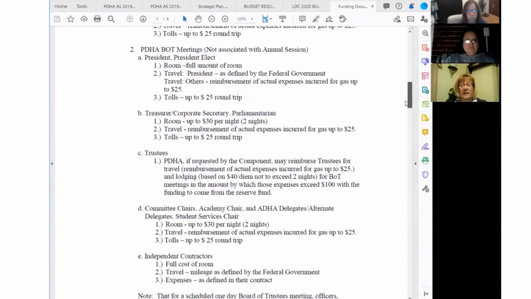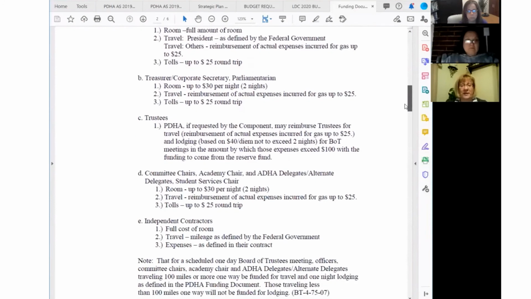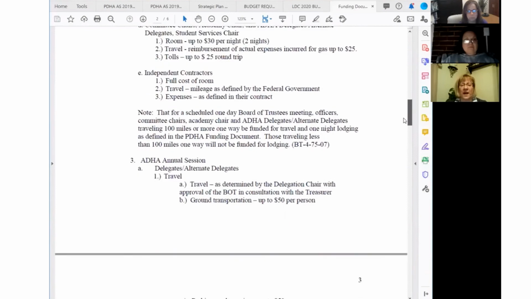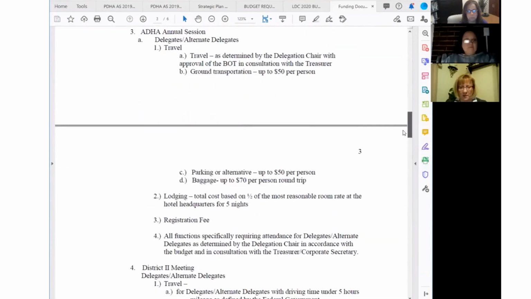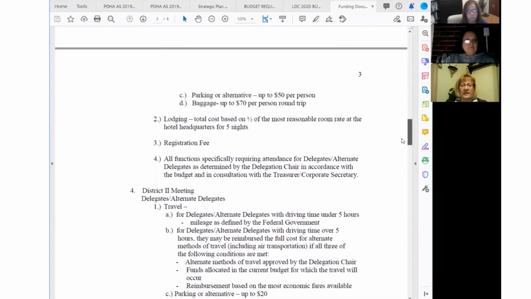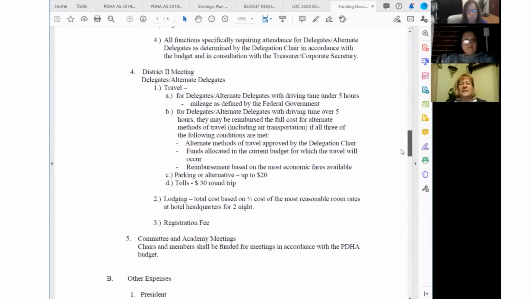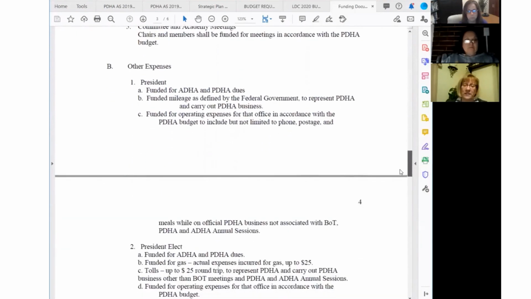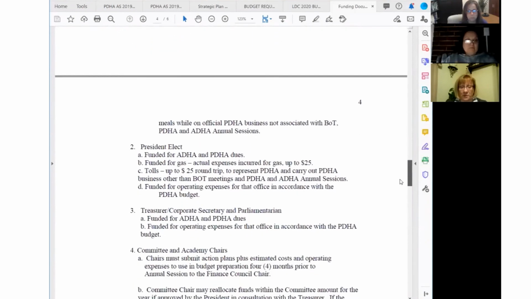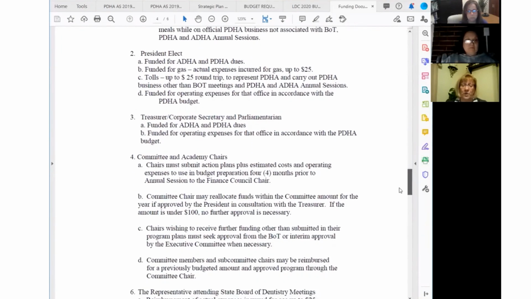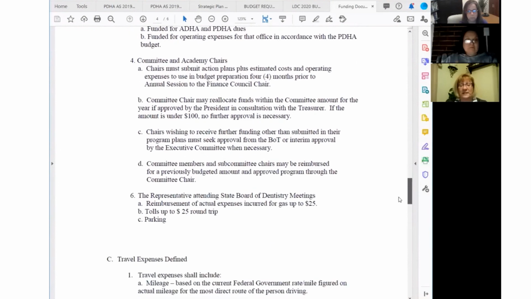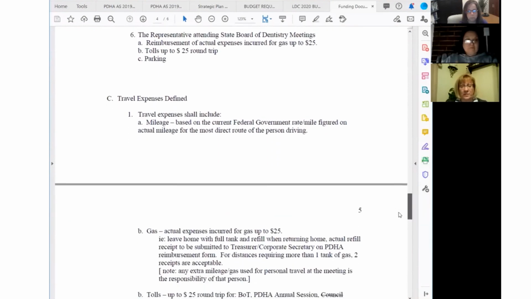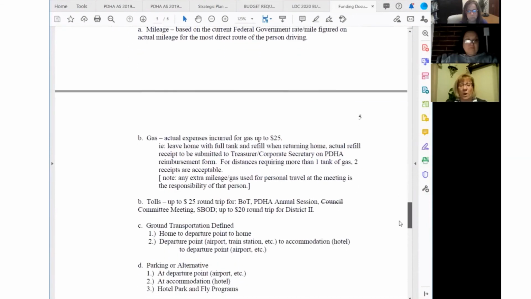Because again, how much money we have to play with will depend on how much we can utilize from the funding document. So unfortunately, we cannot always fill in every line item on the budget with some of these disbursements. We always will try, but again, it is a balancing act.